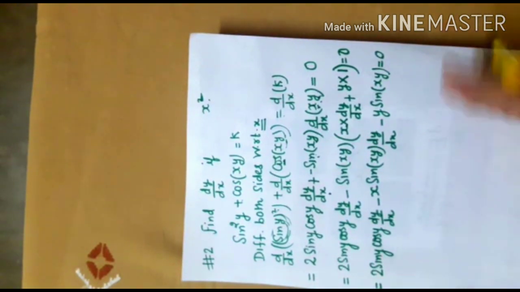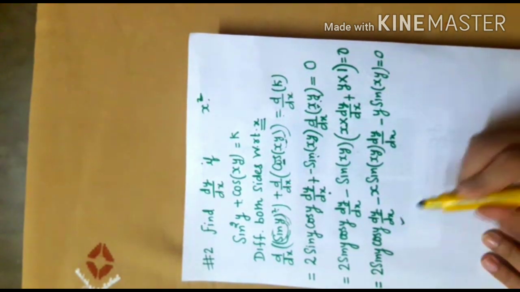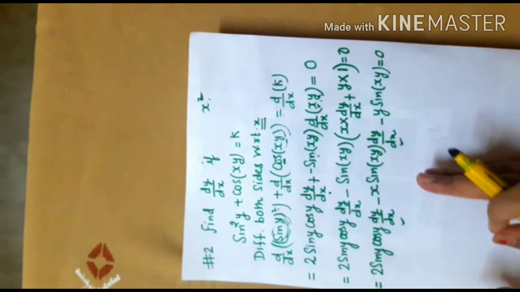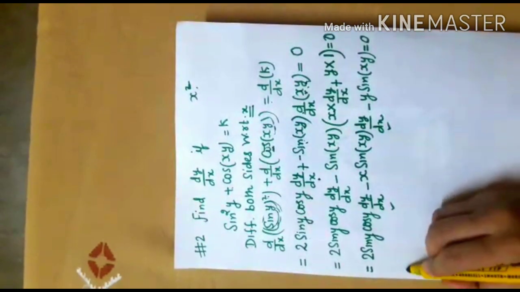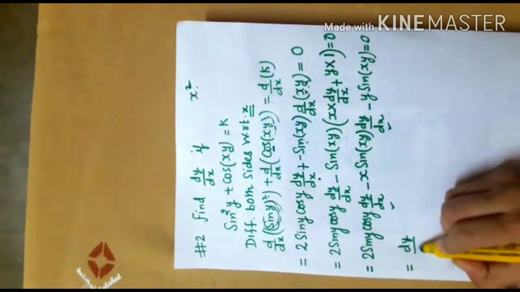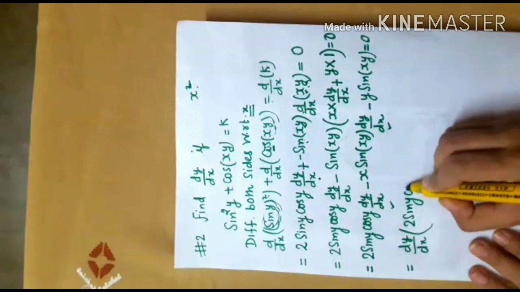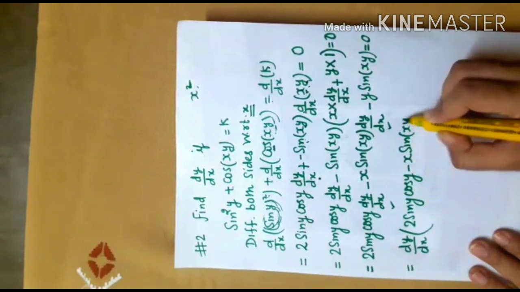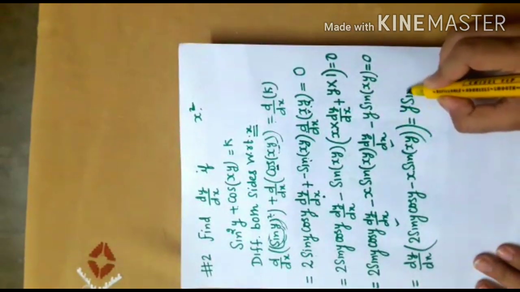Now transpose all the terms which contain dy by dx to one side. So here we have dy by dx, and here. The remaining terms will be transposed to the other side. So from these two, I take this common. So it's 2 sine y cos y minus x sine xy, and transpose this term to the other side.